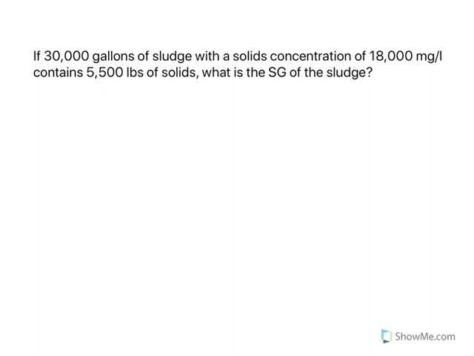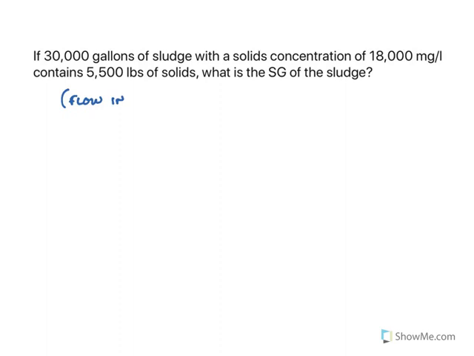Okay, in order to do this problem, this is where our pounds formula is going to come into play. Now, this formula is ubiquitous in wastewater math, and the pounds formula looks like this. It is flow.